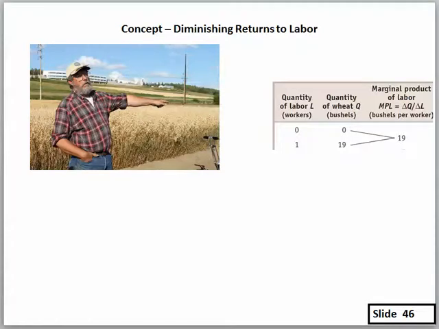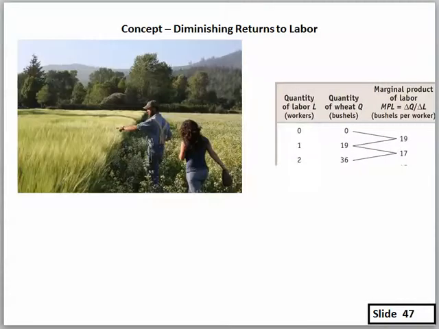This first worker is giving us 19. When we add the second worker, our total output now is 36. When we subtract the 19 we got with a single worker from the total output from 2 workers, we find the second worker contributed an additional output of 17.